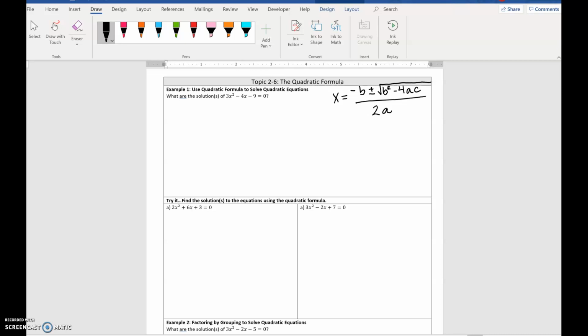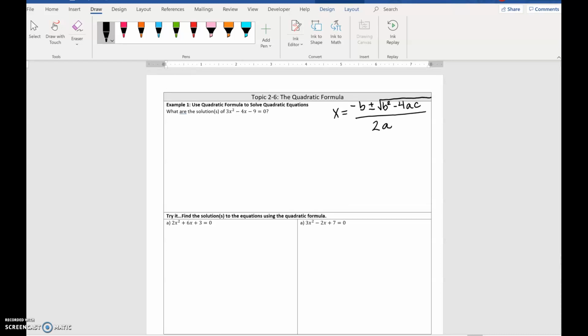So a quick reminder that when we're looking at quadratics, we are going to be looking at the standard form. So a times x squared plus b times x plus c. So this is the quadratic that you would be given. When we're solving, we make the y or f of x 0, and then we just plug in.